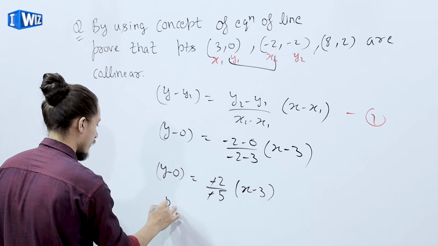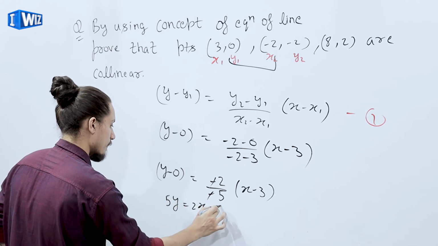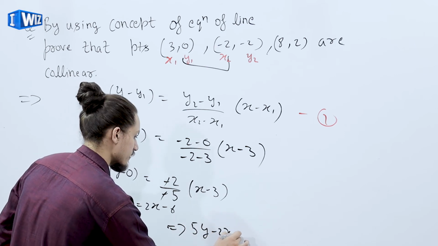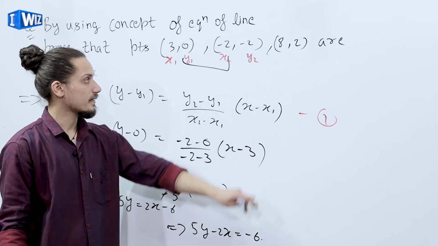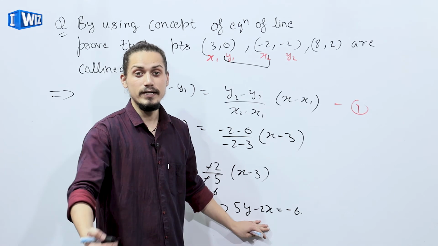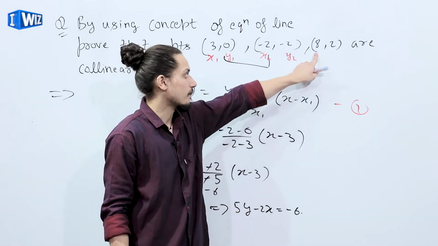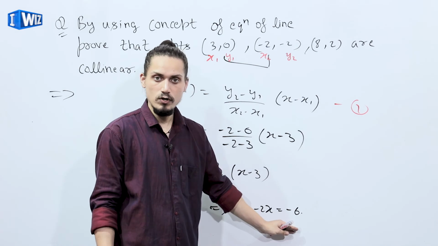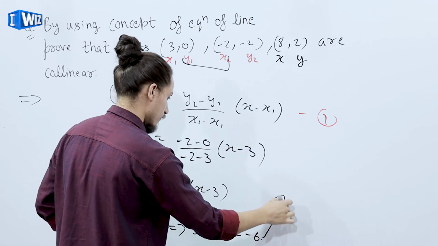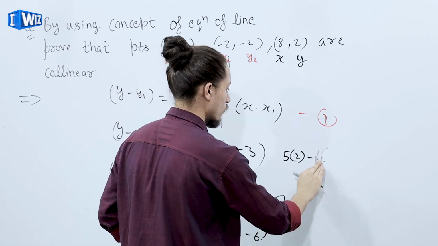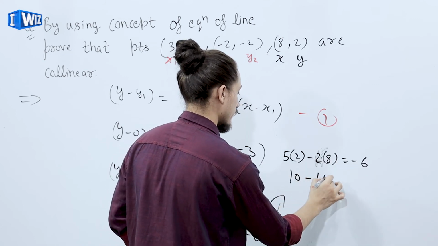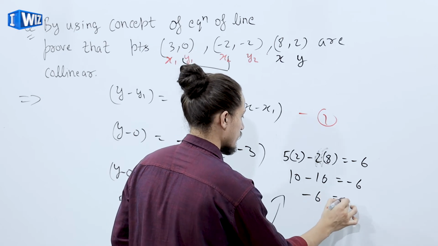So we get y minus 0 is equal to -2 upon -5, minus cancel, x minus 3. We get 5y is equal to 2x minus 6, implies 5y minus 2x is equal to -6। अब अगर ये थर्ड पॉइंट भी इन 2 पॉइंट्स के साथ कोलिनियर होगा तो ये इक्वेशन ऑफ लाइन को सेटिस्फाई कराएगा, मीनिंग टू से इफ वी रिप्लेस x एंड y बाय 8 and 2 वी शुड गेट लेफ्ट हैंड साइड इज इक्वल टू राइट हैंड साइड। सो रिप्लेसिंग x with 8 and y with 2 we get 5 into 2 minus 2 into 8 is equal to -6। So 10 minus 16 is equal to -6, or -6 is equal to -6.